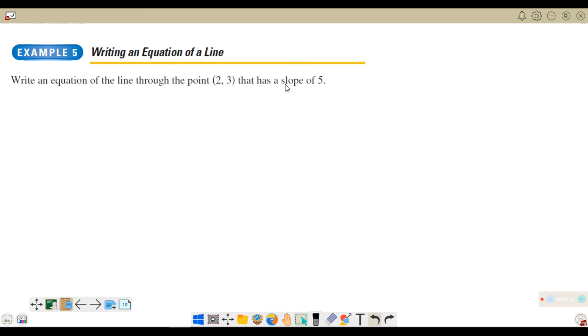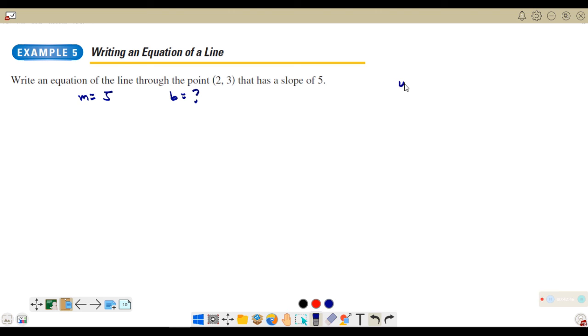We are going to determine the point of intersection of our line with 0. So, write an equation of the line through the point 2, 3 that has the slope of 5. Okay. So, M, sulat muna natin yung given. M is equal to 5. What about B? How can you find the value of B?